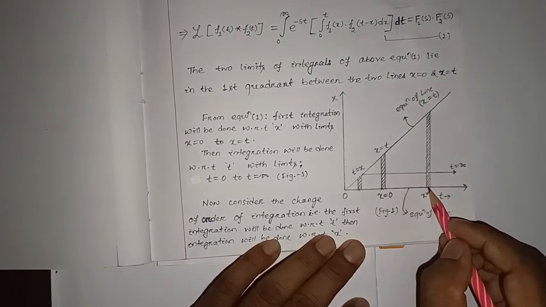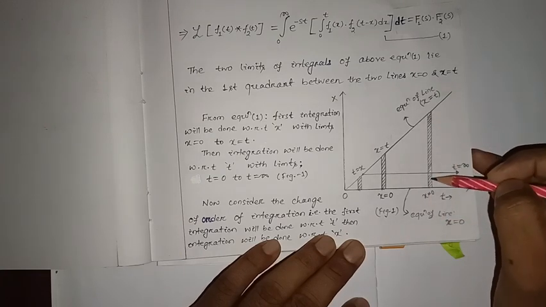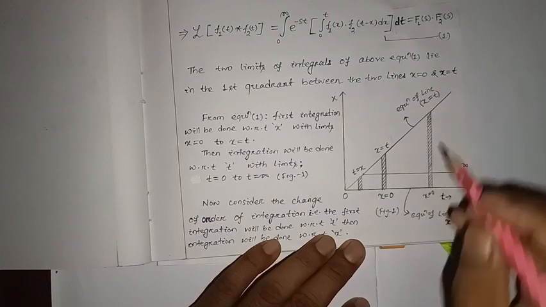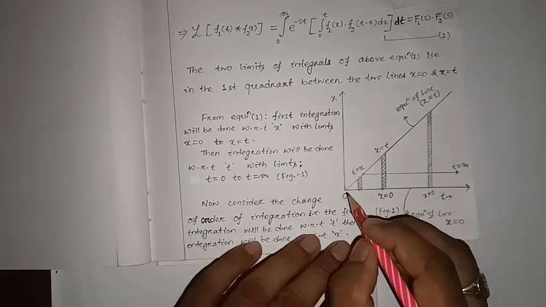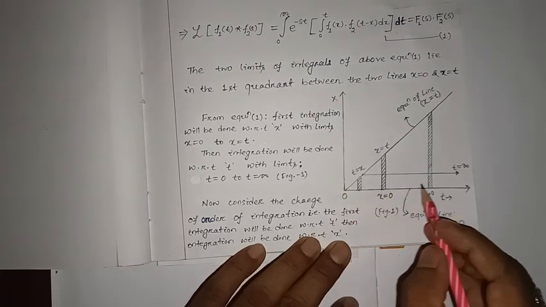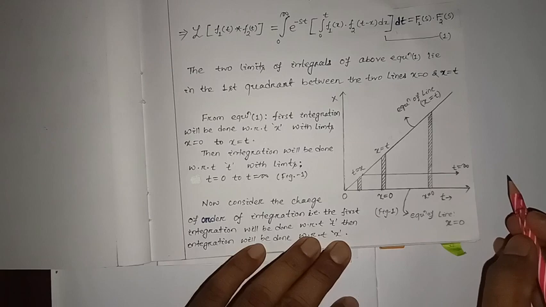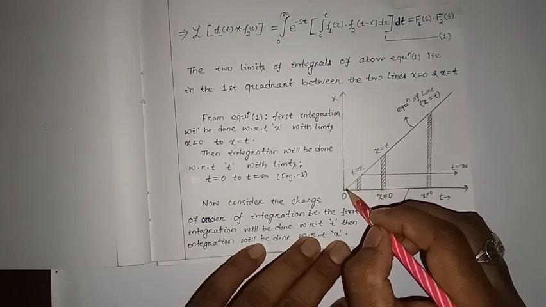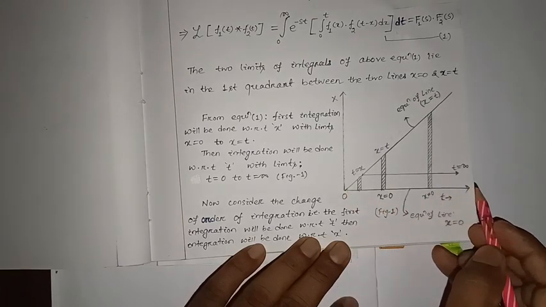If I consider this strip, lower limit x equal to 0, upper limit also x equal to t. This strip starts from here and moves up to infinity. These strips start from 0 and move up to infinity.